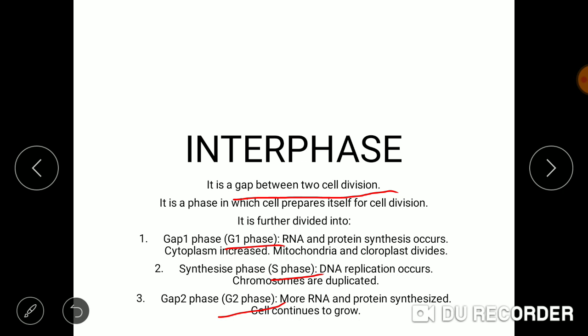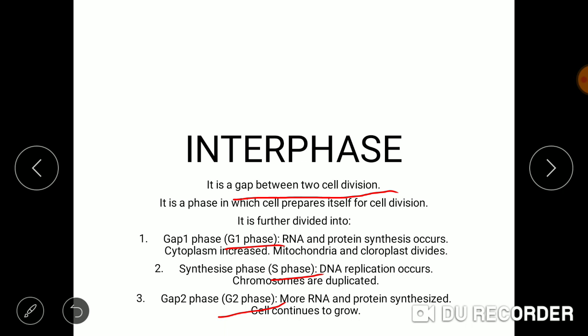So the growth process which takes place in interphase is further subdivided into G1 phase, S phase and G2 phase. G1 stands for gap 1, S phase stands for synthesis phase and G2 phase stands for gap 2 phase.